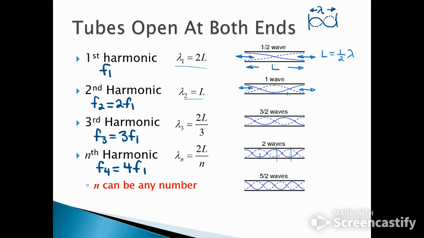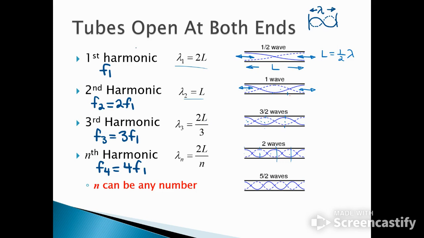Here we have 1, 2, 3, 4 quarters of a wave. That's one full wavelength. And here we have 1, 2, 3, 4, 5, 6 quarters. 6 quarters is 3/2. And then when you rearrange, you get this.